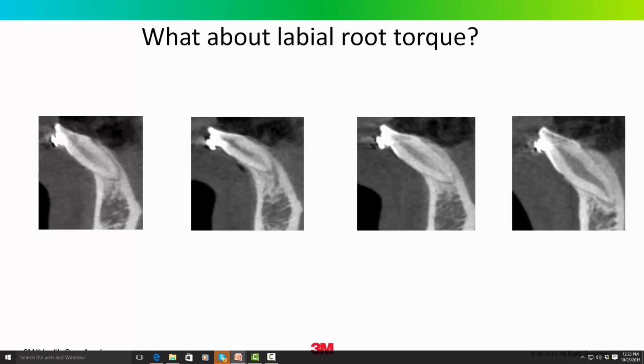But now there's less resistance because you've lost some of the cortical plate for that root to come forward, but it rotates around the bracket. So are you putting that tooth in a worse position to get a better clinical appearance? I don't have the answer to that.